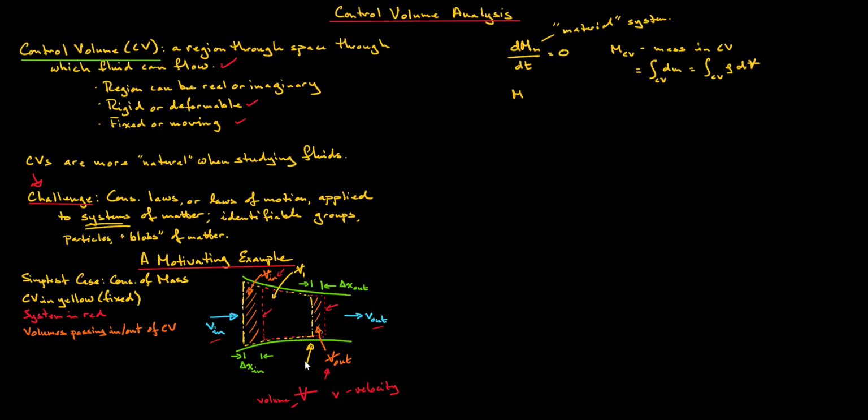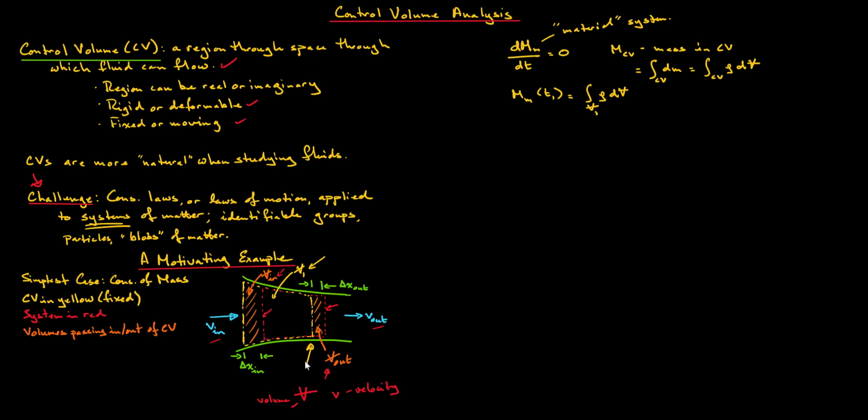Again, I'm using this V with the strike through line to distinguish it from the velocity. We can also say that the mass of our system in red at time t1 is equal to the mass, so rho dV, over volume 1, which is essentially our control volume. I have volume 1 over here, and this volume 1 is the volume of the control volume.